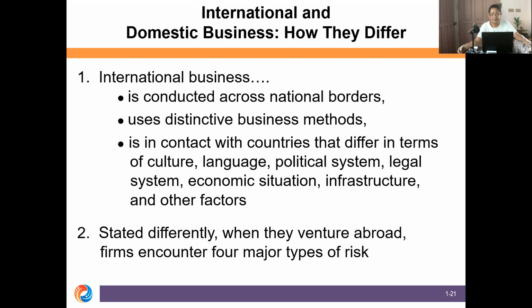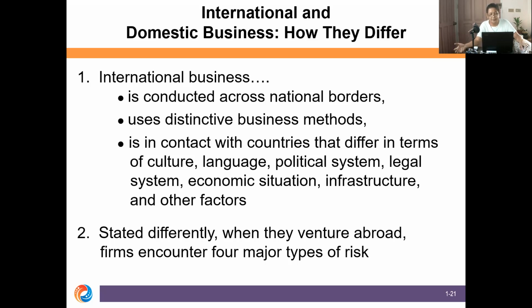Kaya kayo, guys, gagawa kayo ng entry plan, that's your final requirement na nabanggit ko na sa inyo. Gagawa kayo ng entry plan, parang marketing plan pero international ang dating, to penetrate, halimbawa, the Japan market with your local product na naisip.